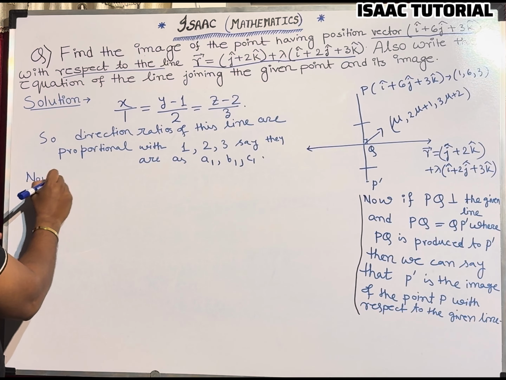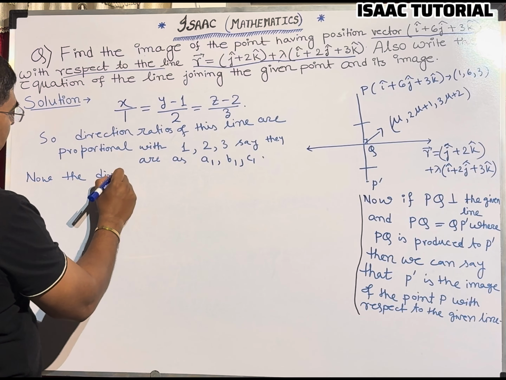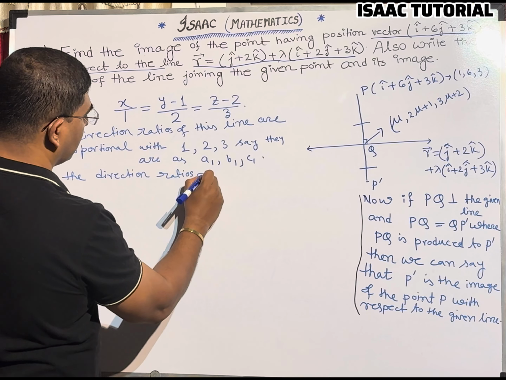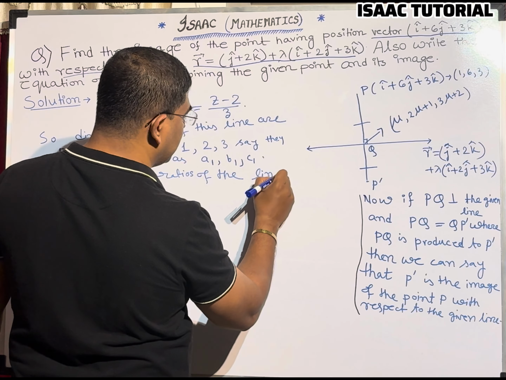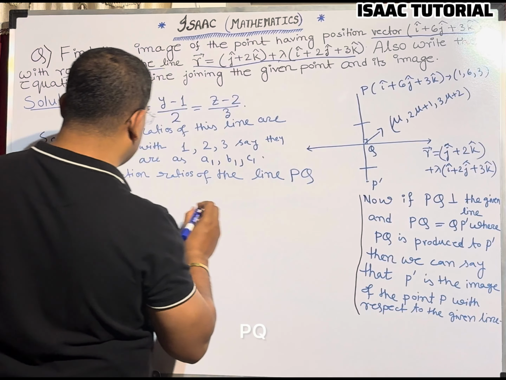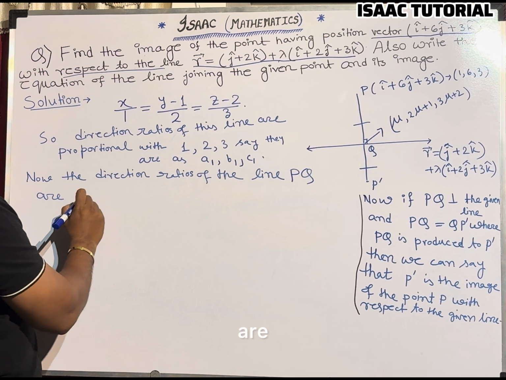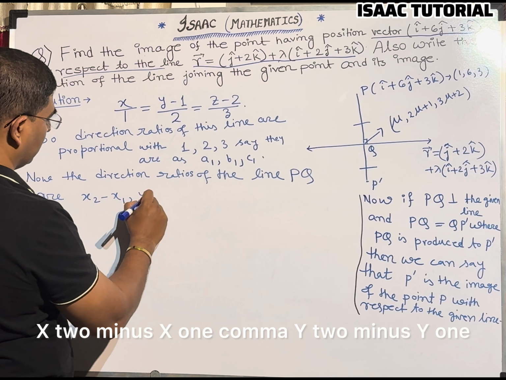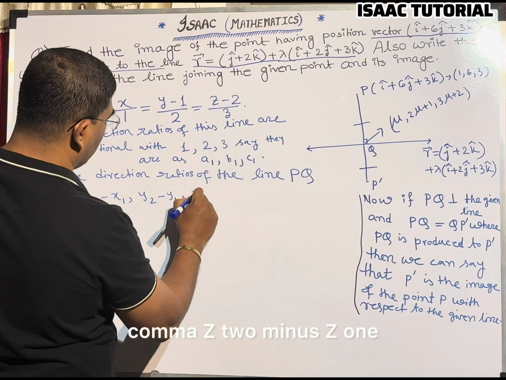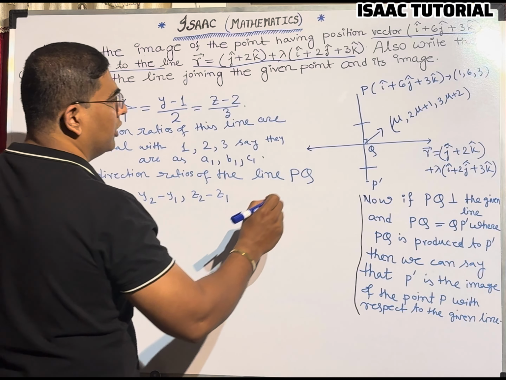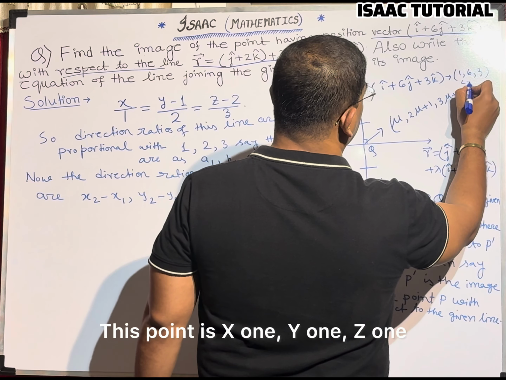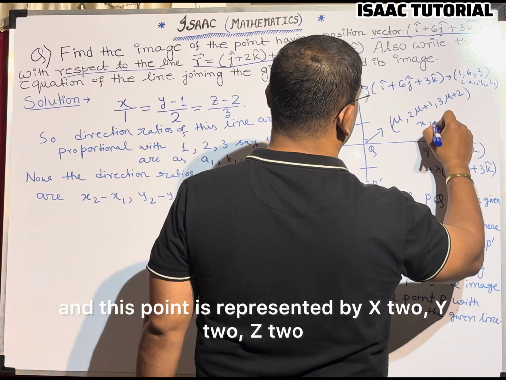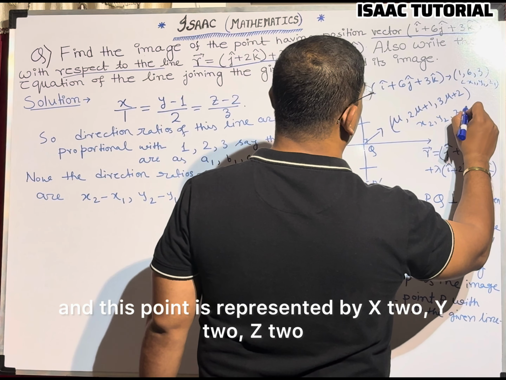Now the direction ratios of the line PQ are x2 minus x1, y2 minus y1, z2 minus z1. This point is x1, y1, z1, and this point is represented by x2, y2, z2.